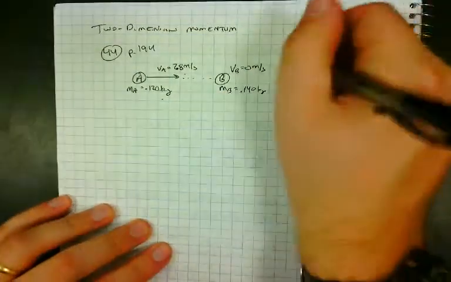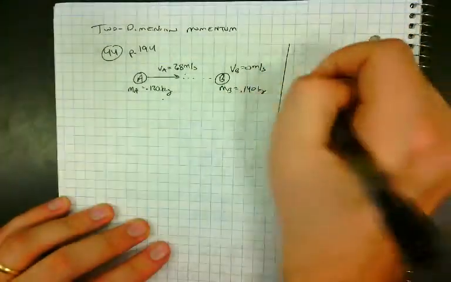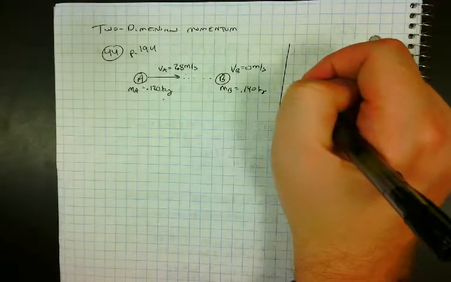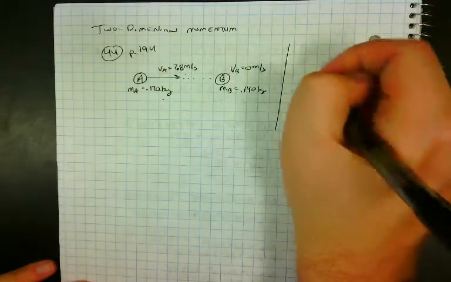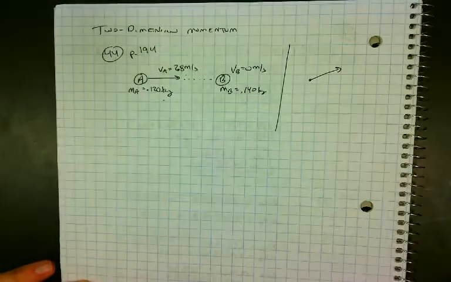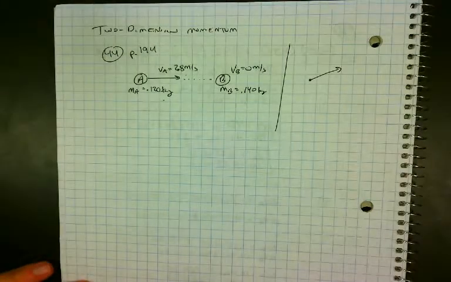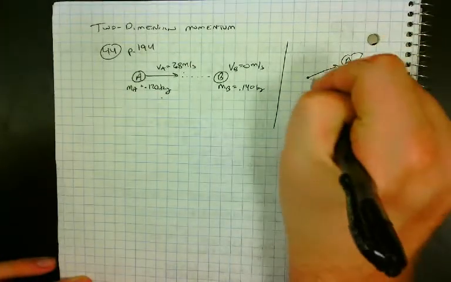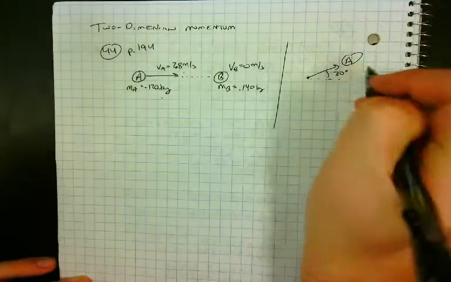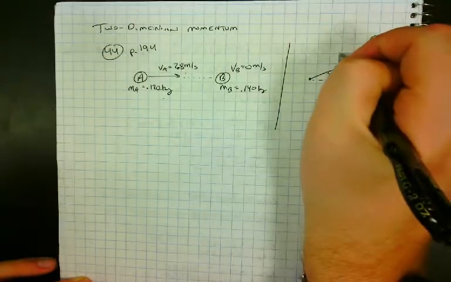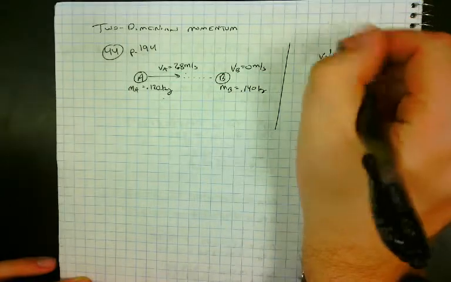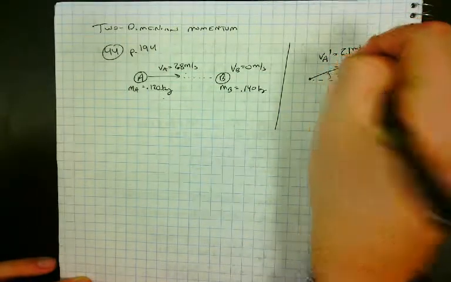As a result of the collision, now I'm going to draw my after picture, ball A is deflected off at an angle of 30 degrees with a VA prime of 2.1 meters per second.